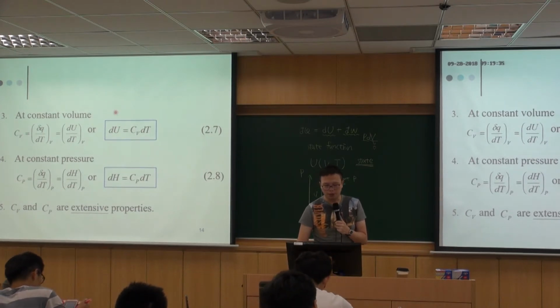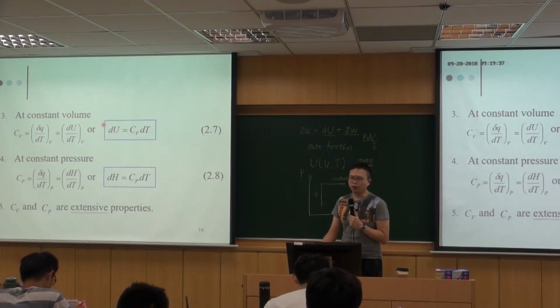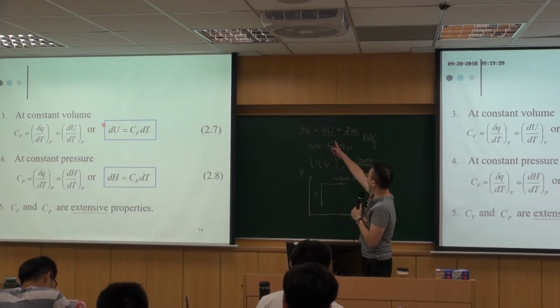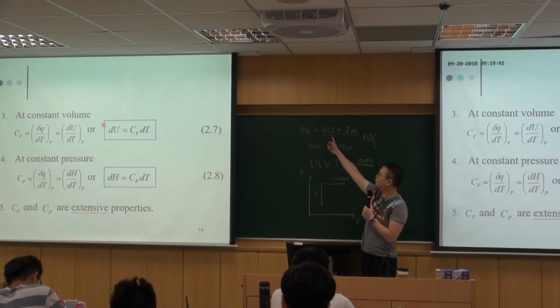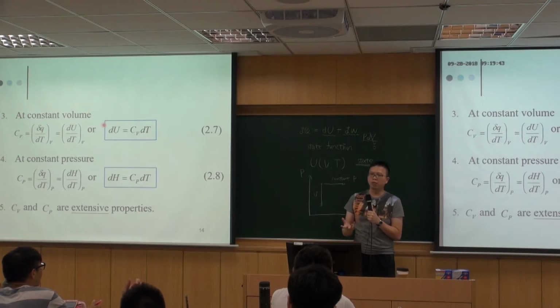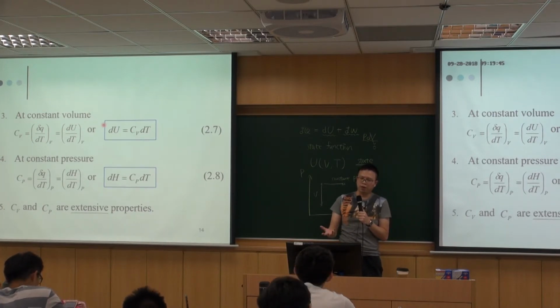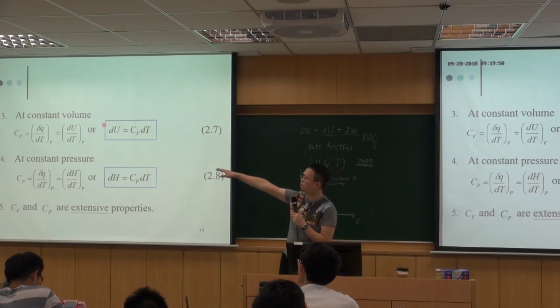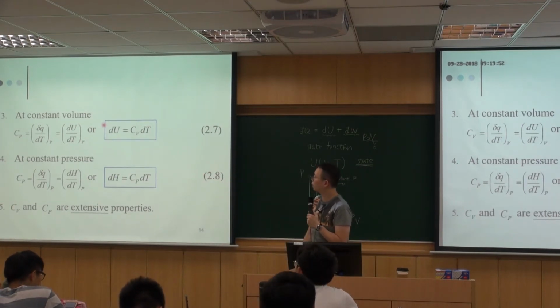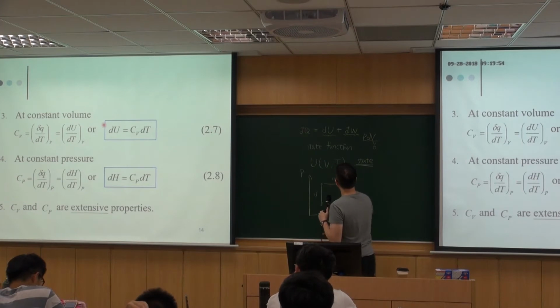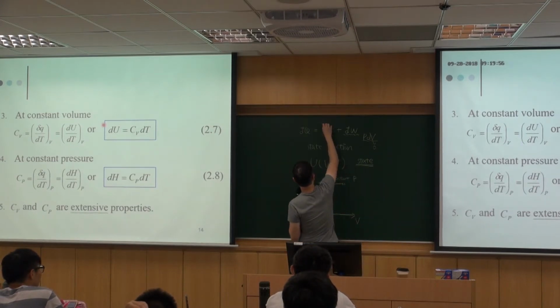So when people talk about the change of internal energy, you can write it as something like this. But if the problem gives you some information regarding this physical quantity Cv, constant volume heat capacity, then you can also write this as Cv dT.